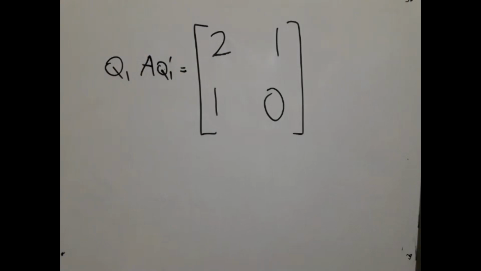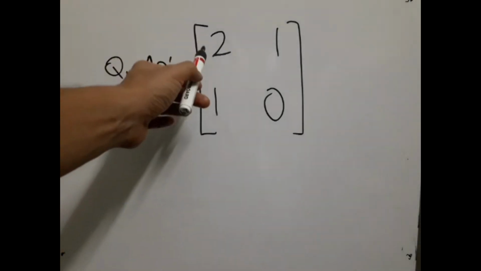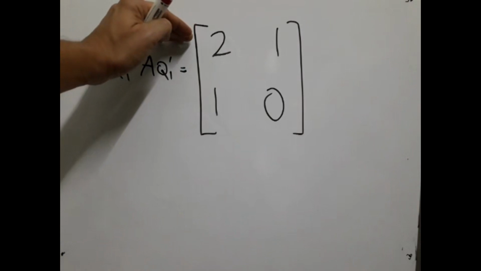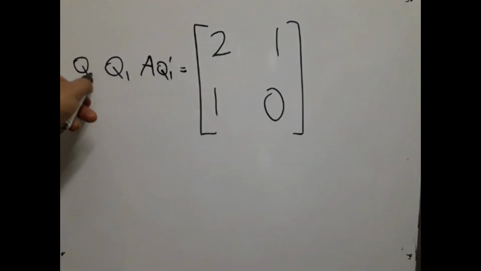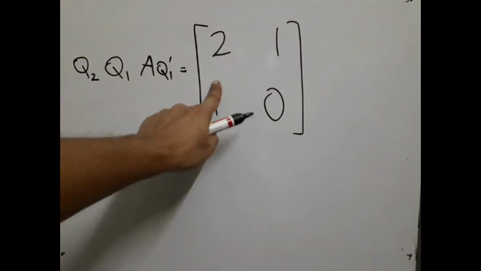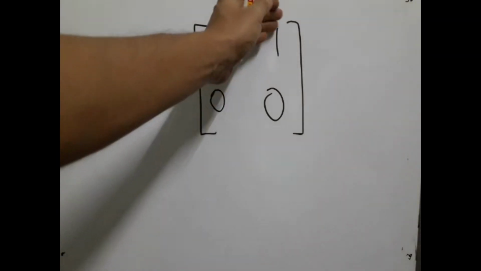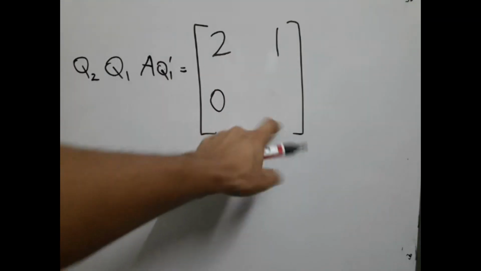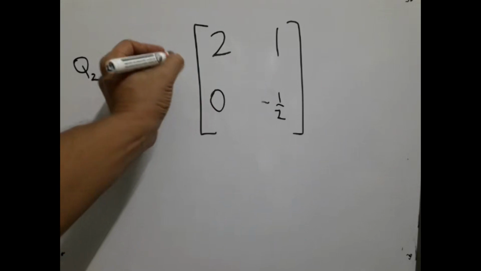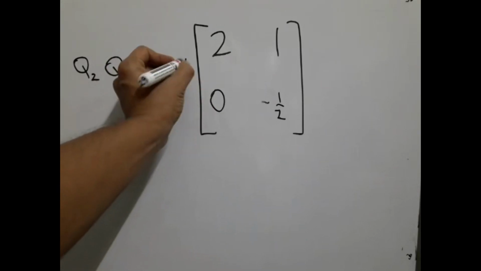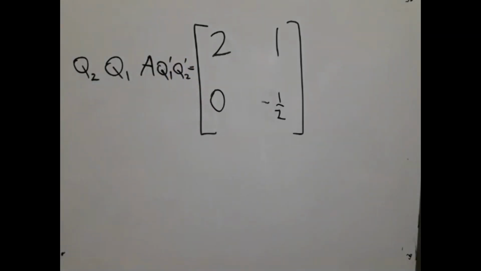So now I get back to my original prescription. I subtract half of the first row from this, turning this to 0. I will call that Q2. So this becomes 0, and this becomes minus half. To preserve the symmetry, I will have to do Q2 transpose, which is hardly any work anymore.